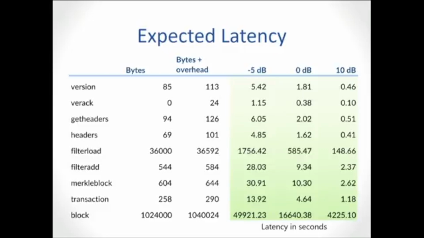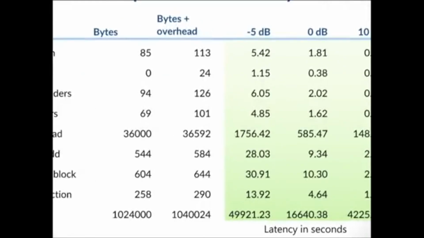So HF radio is probably not a very good solution for running a full node. On the other hand, even at negative 5 dB, you can broadcast a 2-output transaction in about 15 seconds. And you can perform a simplified payment verification in less than 10 minutes, even under 0 dB conditions.